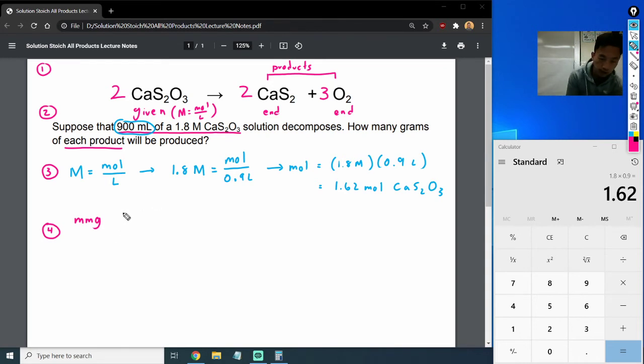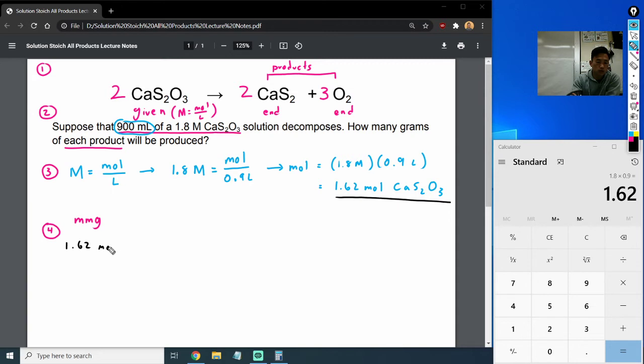All right, so let's start off by finding the first one, CaS2. So the first time we do dimensional analysis, we're going to start with the number that we got right here, 1.62 moles of CaS2O3.